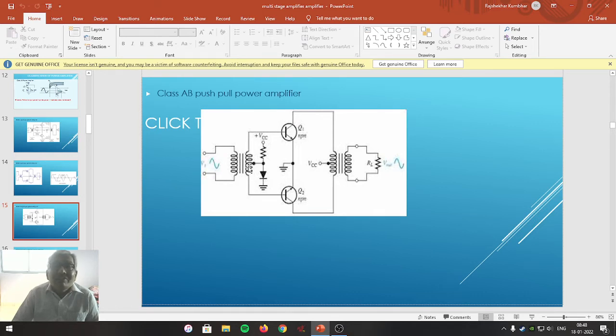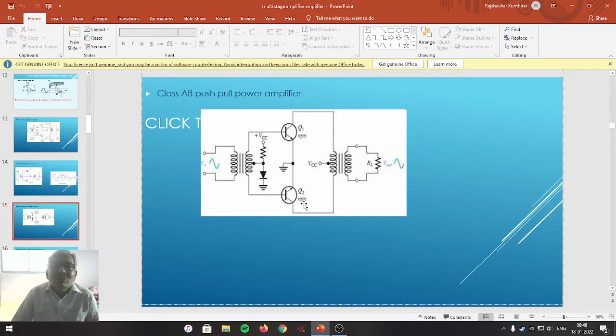The secondary winding is connected to the base of both the transistors, which are biased by using the power supply VCC connected between the center tapping of the primary winding of the output transformer and the center tapping of the secondary winding of the input transformer, in between which the combination of the resistance R and diode D is connected. This combination makes the provision of getting the DC bias to the base of transistor Q1 as well as Q2.